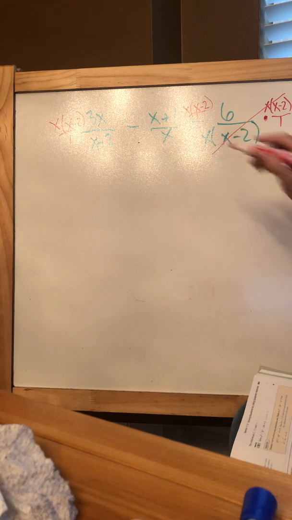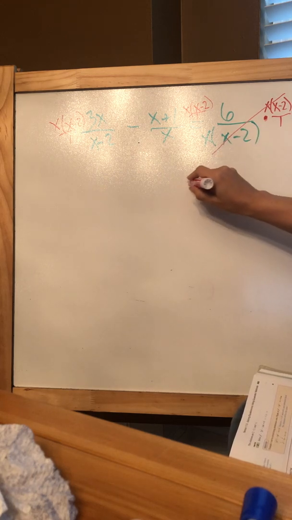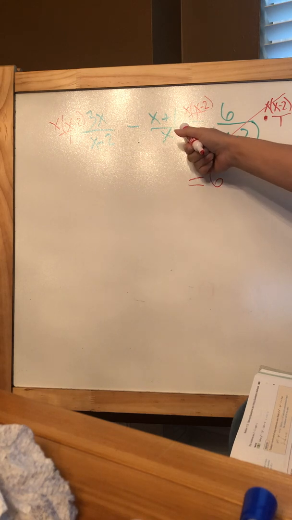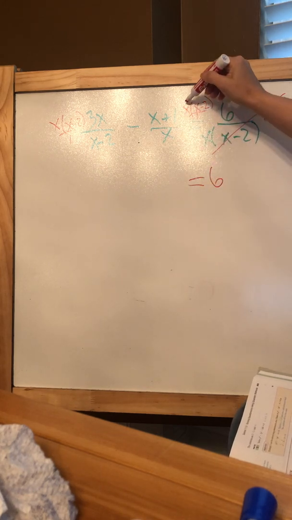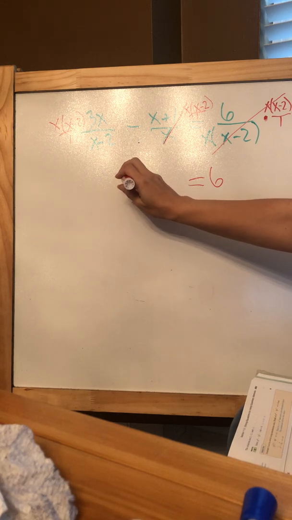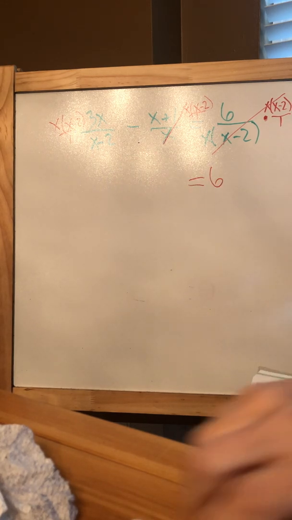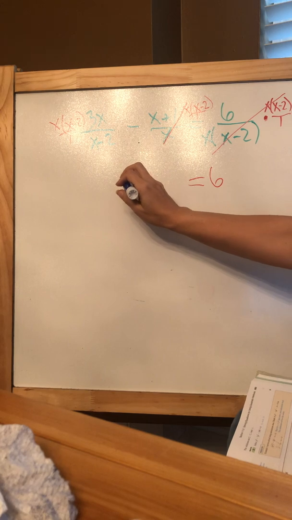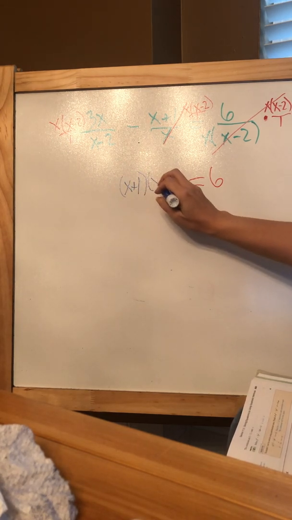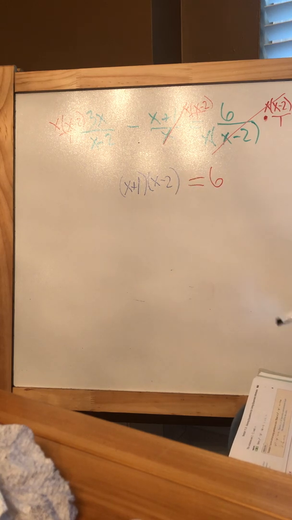So we do that because that's what's going to clear this fraction here. So this actually cancels out right there. So we're left with 6. Okay, let's take a look here at this one. What are we left with here? This x and this x cancel out. So we are left with x plus 1 times x minus 2.